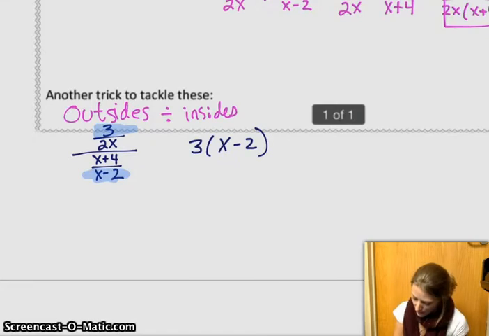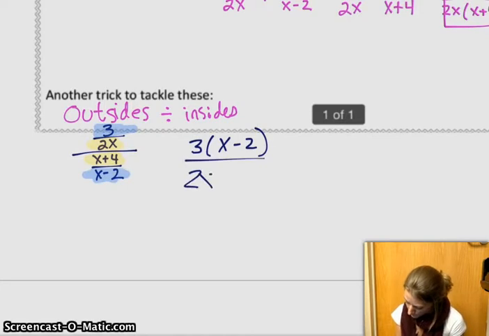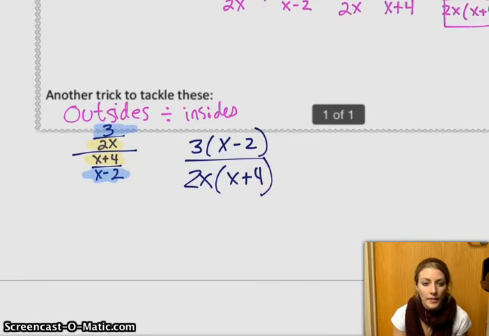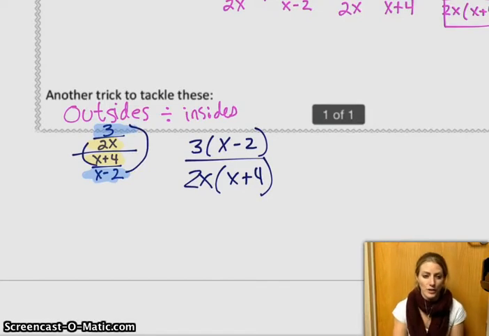And then I divide that by the insides, 2x times x plus 4. Okay, so that's just another way to do it, another little trick. I kind of like that one if it's a case where it's very clearly one fraction over another.